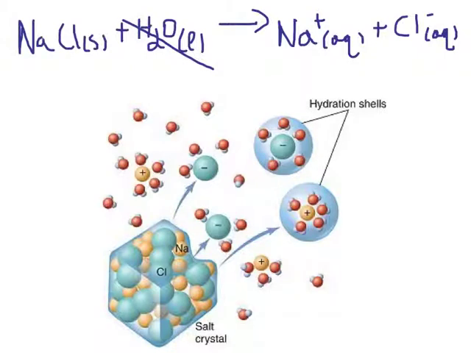Now, the question is, why is water good at dissolving ionic substances? Take a look at the picture that we have here. There are a couple of things that you need to note or remember. First of all, water molecules are polar, which means that they have oppositely charged ends.